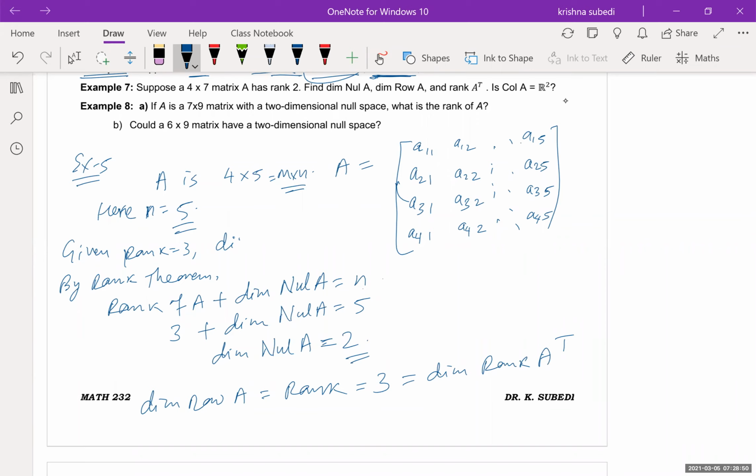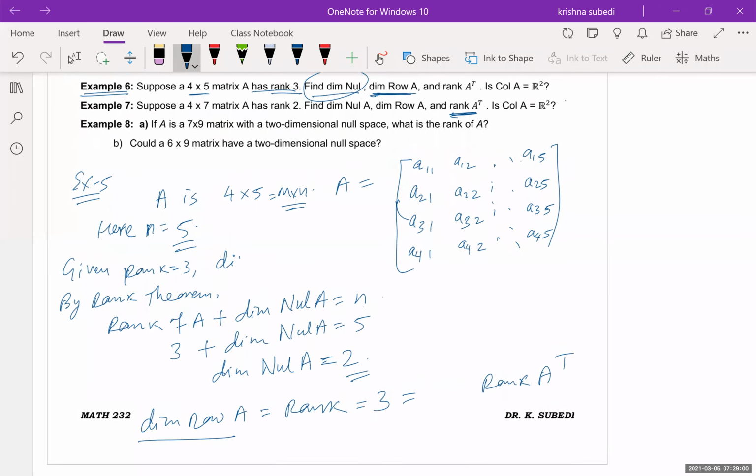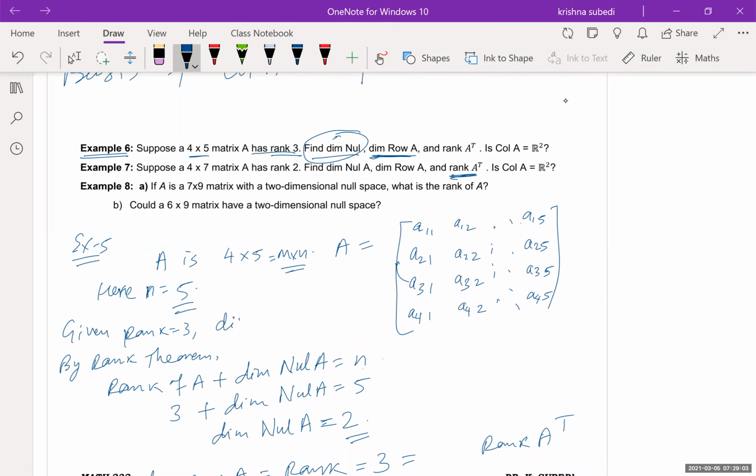Because the rank of A transpose is actually the dimension of the row space. So they are all equal. So this one is 2, this is 3, this is also 3.